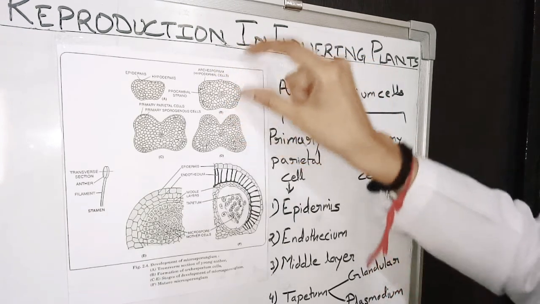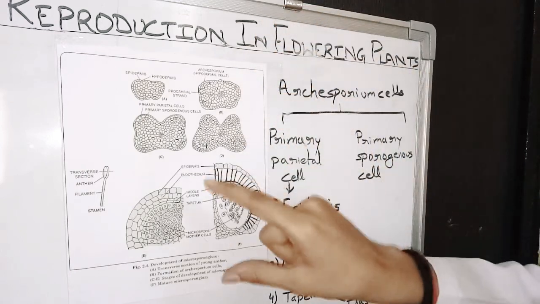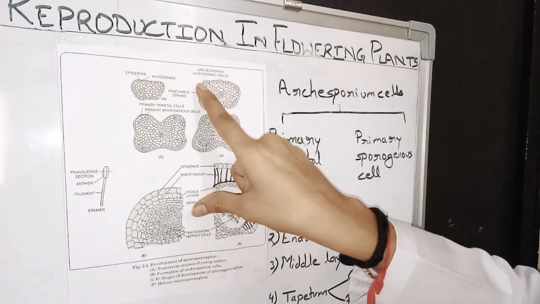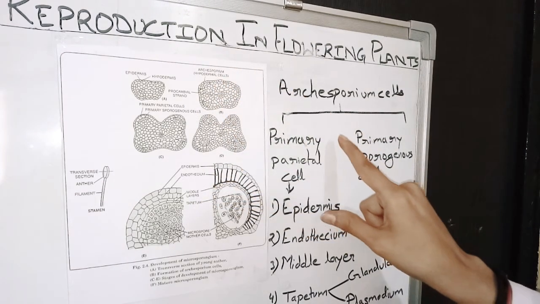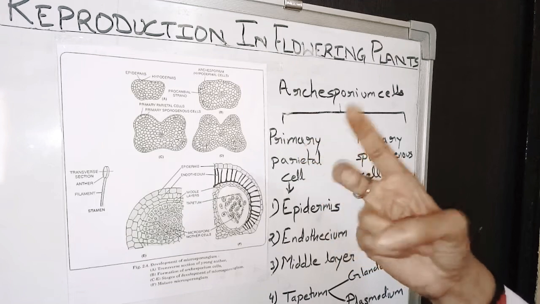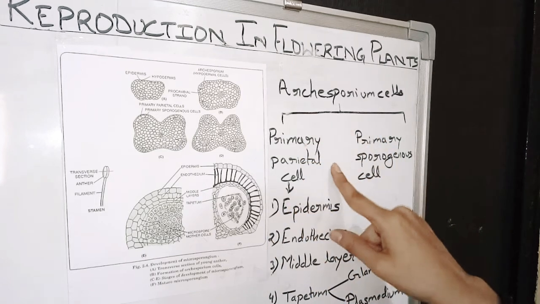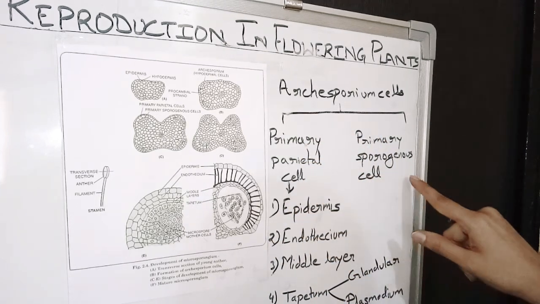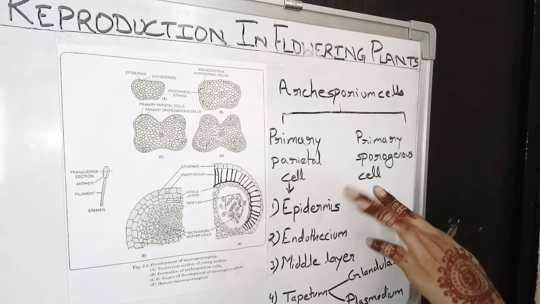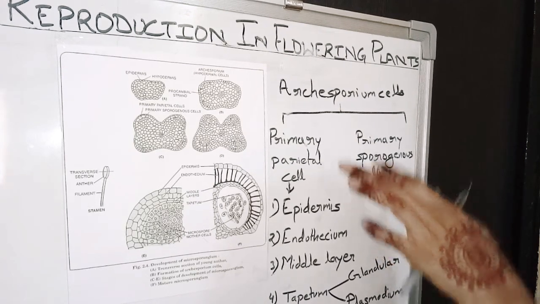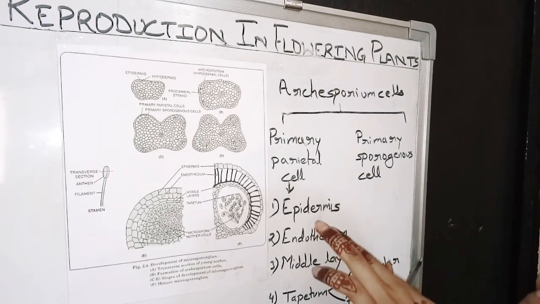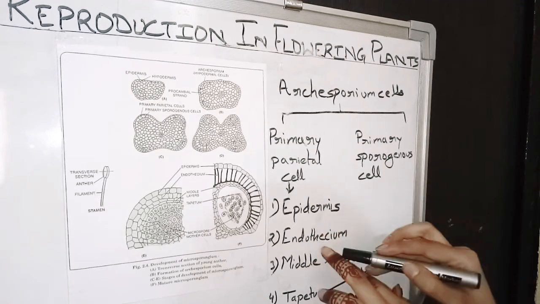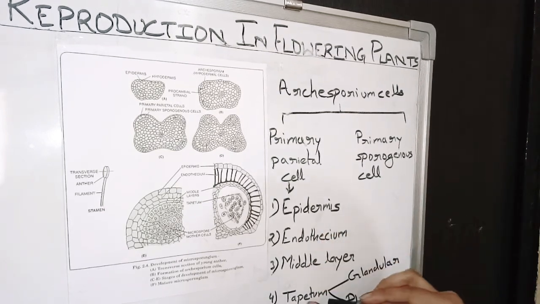How are microsporangia formed? The archisporium cells divide into two kinds of cells, primary parietal cells and primary sporogenous cells. Primary parietal cells form the outer layers of the microsporangial sacs, which are epidermis, endothecium, middle layer, and tapetum.